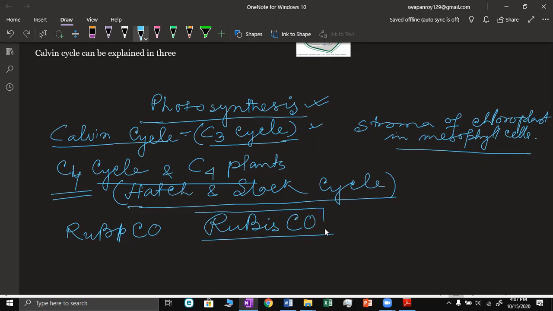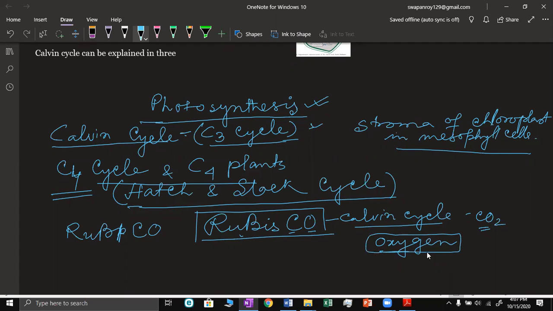This is the enzyme for the Calvin cycle. It helps to absorb carbon dioxide. And I told you that this name means carboxylase and oxygenase, which means the same enzyme can absorb oxygen also.